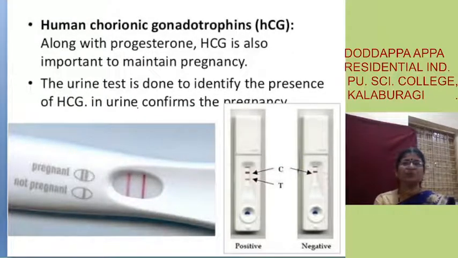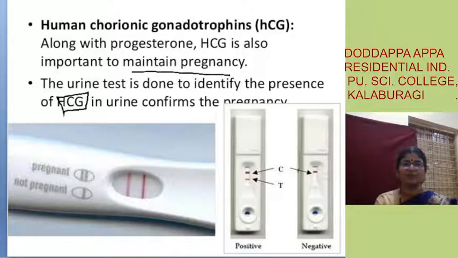Human chorionic gonadotropin along with progesterone is very important for maintaining the pregnancy. I told you that progesterone is a pregnancy-maintaining hormone. Even human chorionic gonadotropin also will help. The urine of the pregnant woman is taken for the test to check the presence of human chorionic gonadotropin.